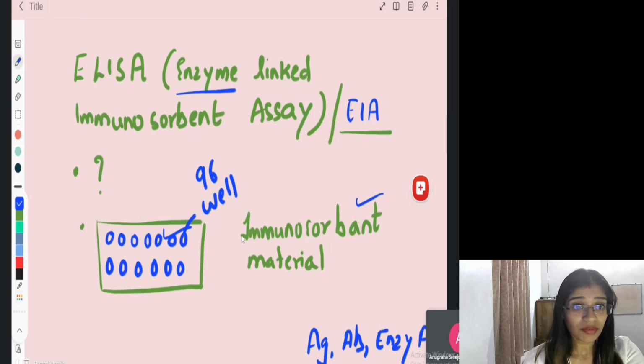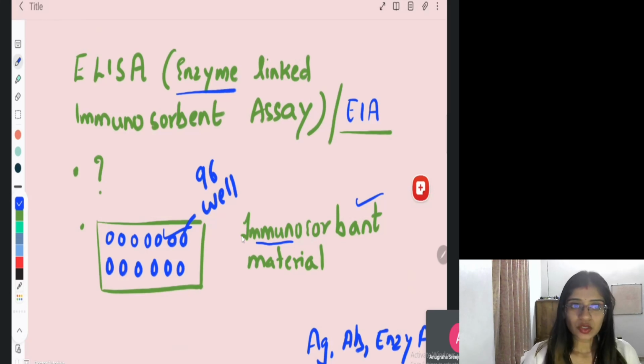So to see these interactions, we need a material on the well that will stick the antigen and antibody to it. Only then we can see the reactions happening. That material, which acts like a glue and sticks the antigen and antibody, is called immunosorbent material. This much clear?